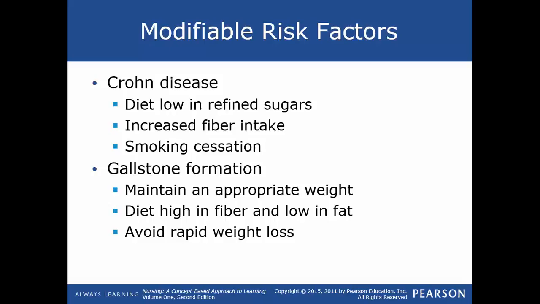And these are just some modifiable risk factors for a couple of the different inflammatory diseases. Crohn's disease: diet low in refined sugars, need to increase fiber intake, and quit smoking. Gallstone formation: need to maintain an appropriate weight. Diet should be high in fiber, low in fat. Avoid rapid weight loss. So a lot of these modifiable risk factors will differ according to the disease process.